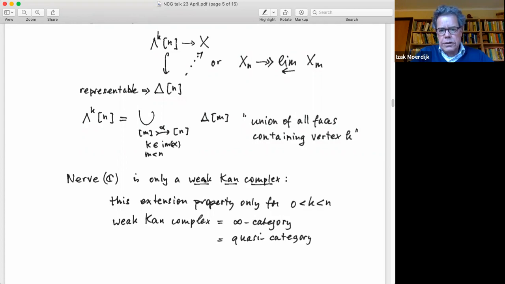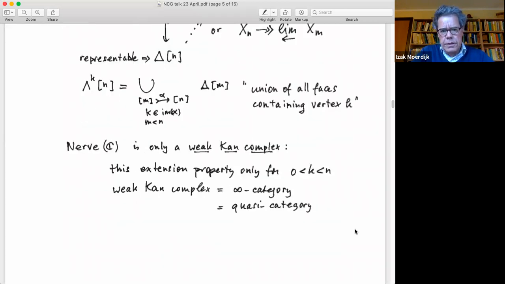These weak Kan complexes, their importance was already realized by Boardman, in fact, but nowadays they are rather known under the name of infinity category or quasi-category, and these notions have been emphasized by Joyal and Lurie and many others now. So there's an important weakening of a Kan complex.